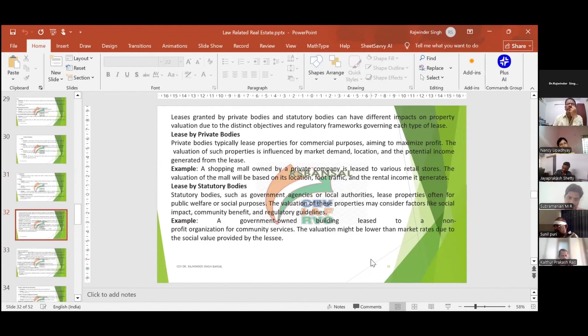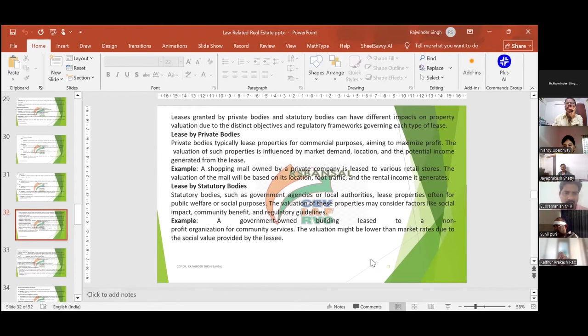So leases granted by private bodies and statutory bodies can have different impacts on property valuation due to the distinct objectives and regulatory framework governing each type of lease. Whenever you are doing valuation, you have to check lease by private bodies. That is important. Private bodies typically lease properties for commercial purposes, aiming to maximize profit.